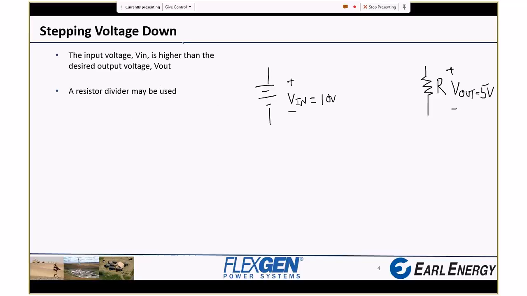so one way you could get 5 volts across this output from a 10 volt source is using a resistor divider. And this is something we talked about a little bit in the first session. So if you go ahead and just connect these with another resistor of equal resistance R, in this case, just because of the ratio I picked.